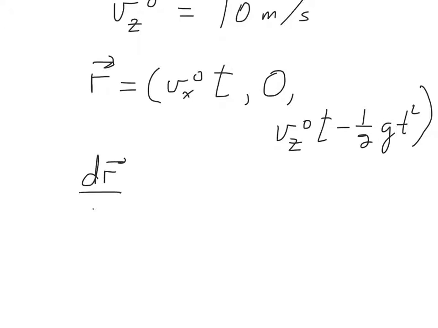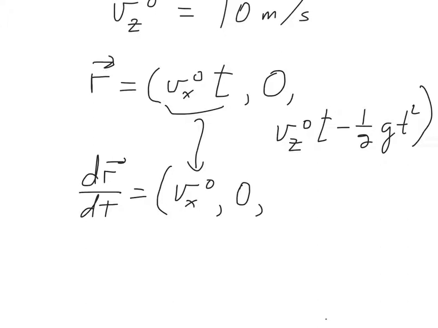So dr/dt has three components, which are the derivatives of the x, y, and z components. What's the derivative of Vx0 t with respect to time? That should be obvious, it's just Vx0. What's the derivative of 0? 0. What's the derivative of the z expression? There are two parts.